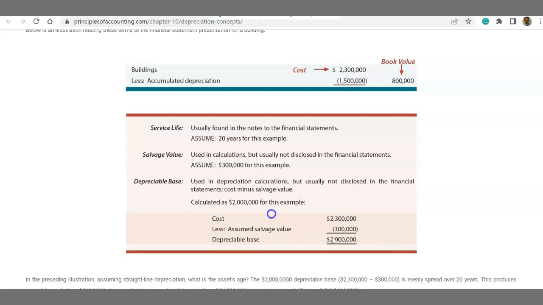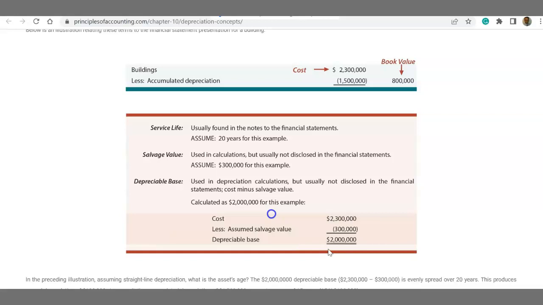So depreciable base here is like 2 million. So the cost is 2.3 million, let's say, and you believe about 300,000 will be the residual value of the building after 20 years of, let's say, useful life. And in that case, your depreciable base will be $2 million. You can even estimate the salvage value might be 0.